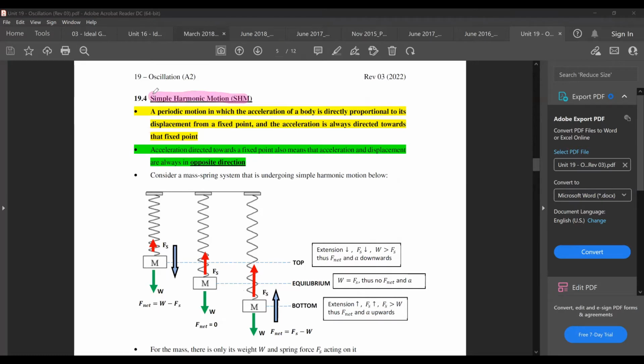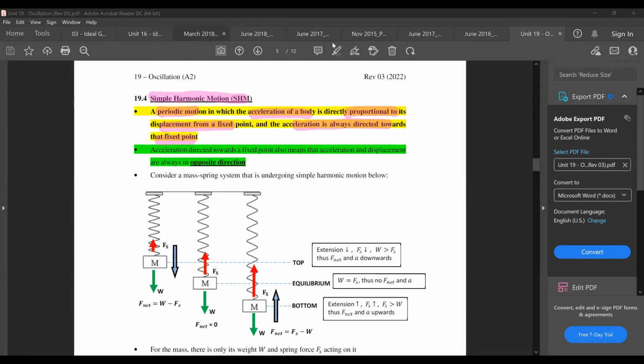It is defined as some sort of periodic motion in which the acceleration of a body is directly proportional to its displacement from a fixed point, and the acceleration is always directed towards that fixed point.